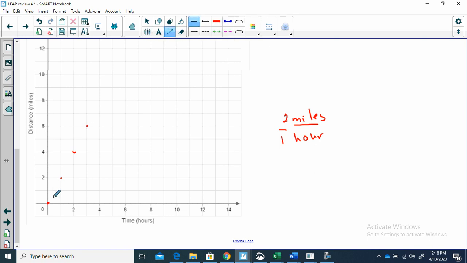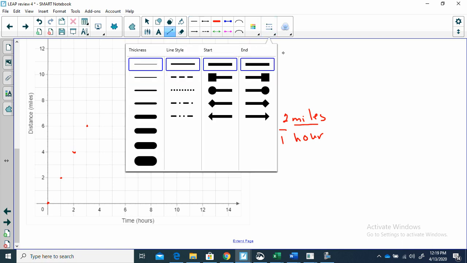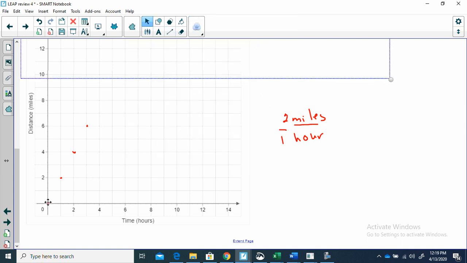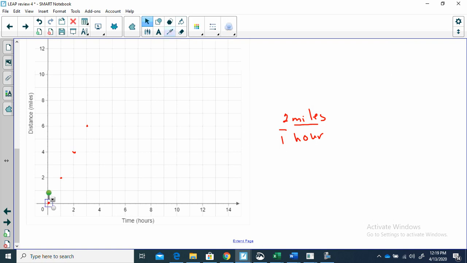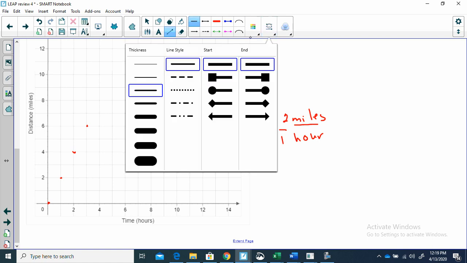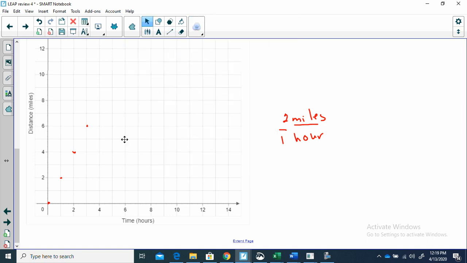Let's draw our line that goes through there. That line would start here, and I'm drawing this line segment from here.